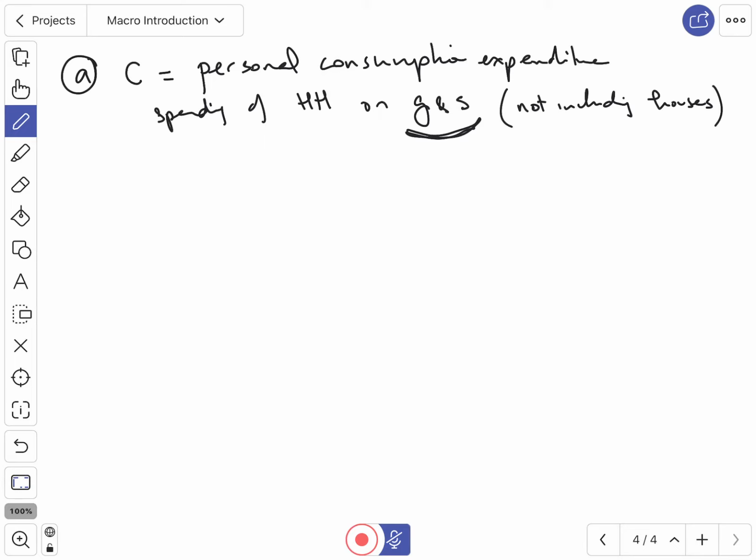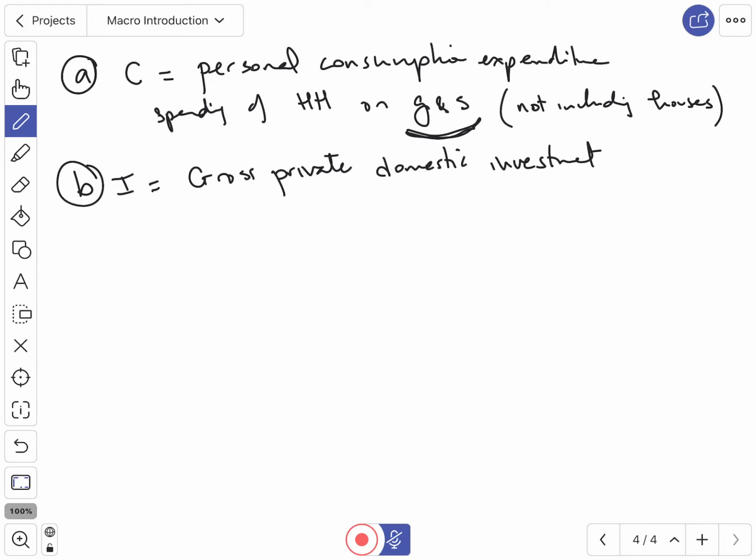Our second component is investment, and I is our notation. We define this I as the gross private domestic investment. And we actually have 3 important categories of this investment.